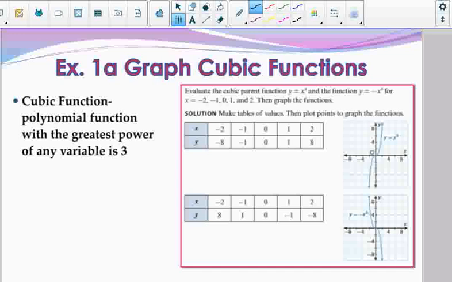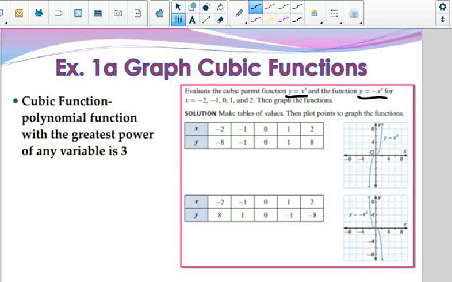Graph this cubic function. Okay, so this one has an x cubed in it. You can see there's two tables. They're graphing y equals x cubed and y equals a negative x cubed. They use the exact same x values, and you get pretty much the same y values. The only difference is the y's are the opposites.